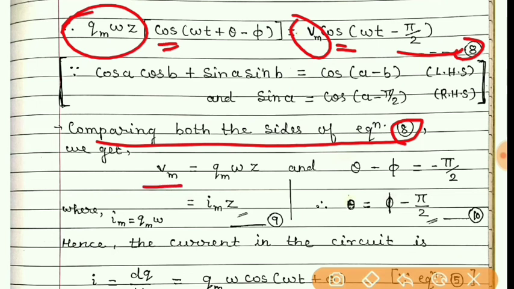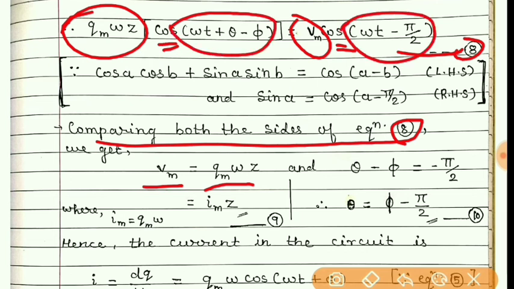So I have written Vm is equal to Qm omega Z, and this should be equal to this. So we can write that, see, omega t is on both the sides, so that is not considered. So theta minus phi is equal to minus pi by 2. So after comparison we will get theta minus phi is equal to minus pi by 2.